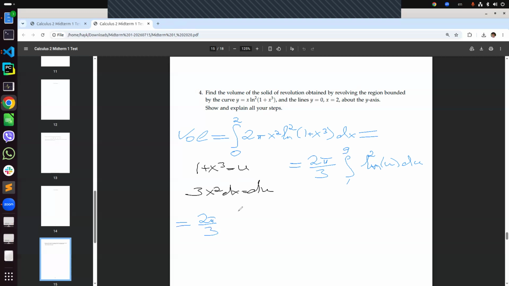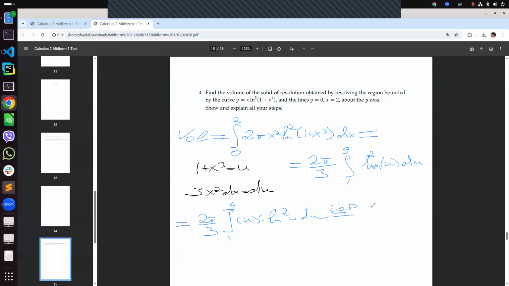But please unmute before answering. So we can just multiply with 1, and 1 is the derivative of u, times log squared u du from 1 to 9. We are doing integration by parts, IBP.